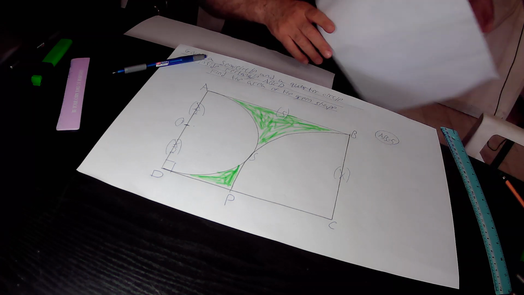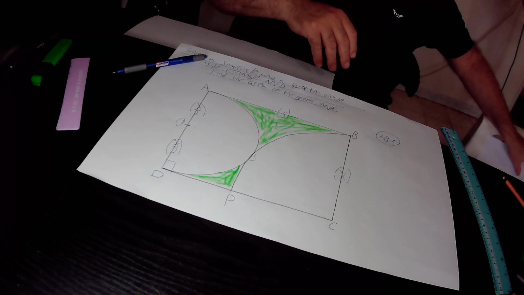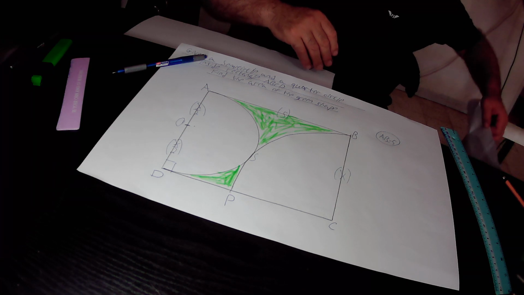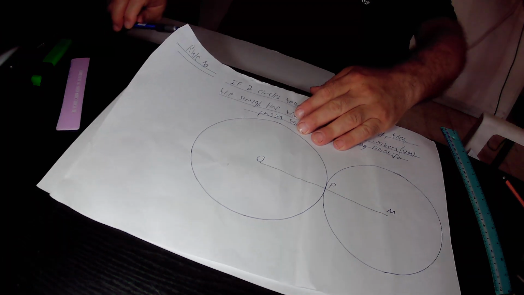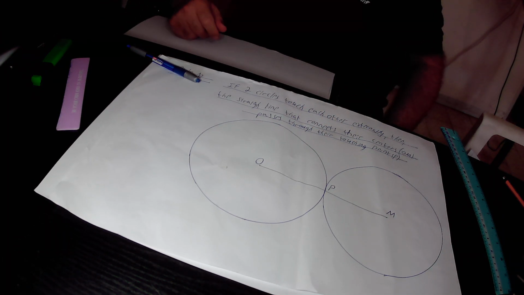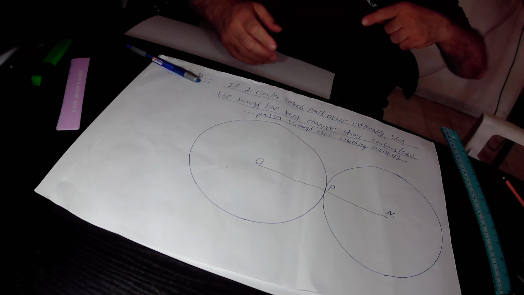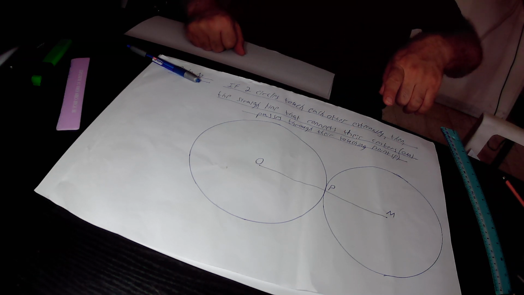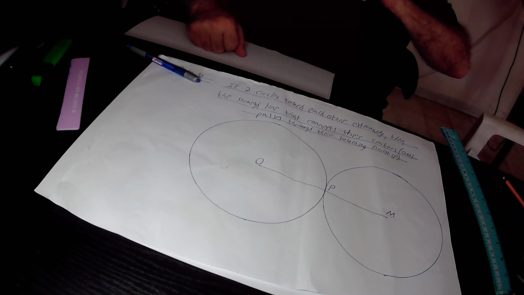According to rule 10, if two circles touch each other externally, in the drawing we have two circles, they touch each other externally at point P. So if two circles touch each other externally, then the straight line that connects their centers together passes through their touching point.